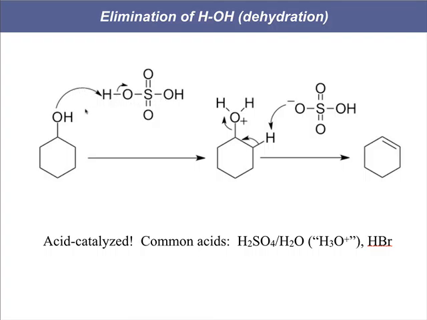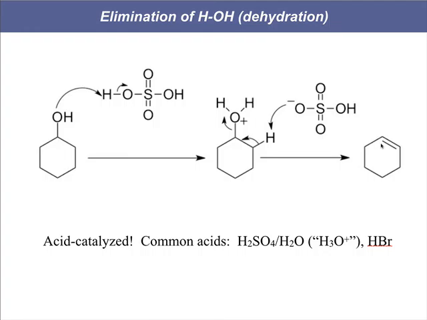So when we protonate that alcohol, we generate water. Remember that water is a good leaving group, HOH, where O is positively charged. Water was on that table of good leaving groups, which means that if we have a base, which we now have as the conjugate base of our acid, we could do an elimination. So to regenerate our acid, we're going to take our conjugate base, grab the adjacent hydrogen, the electrons fall in to make the pi bond, and our leaving group leaves.